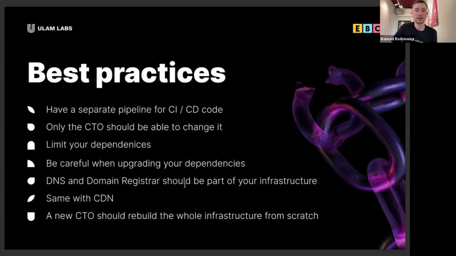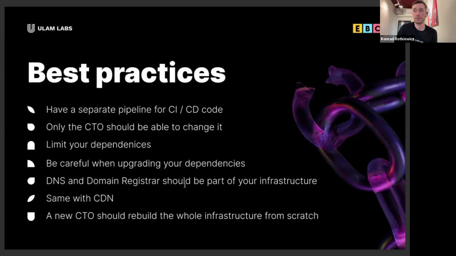And the last one is that if you are hiring or have a new CTO, the new CTO should rebuild the whole infrastructure from scratch. Because what could happen is that the old CTO could be a really nice guy, etc., but you never know him. He could leave open a backdoor for himself or for someone else, or accidentally leave some things that he thought he would fix later, but forgot, and he moved on to a different job.